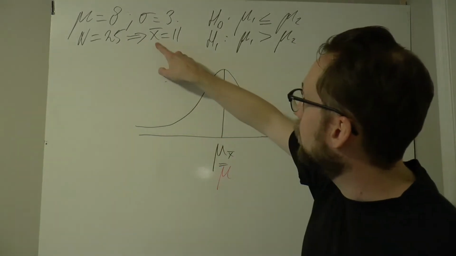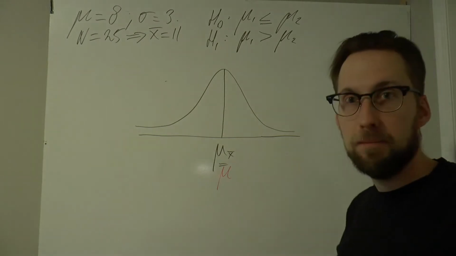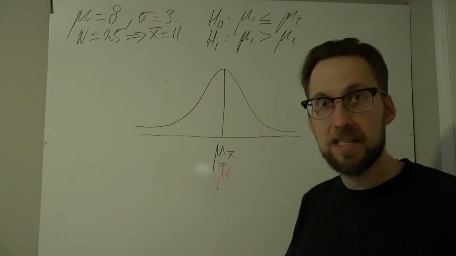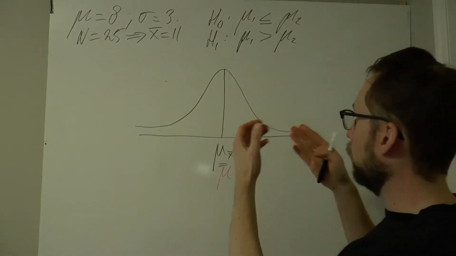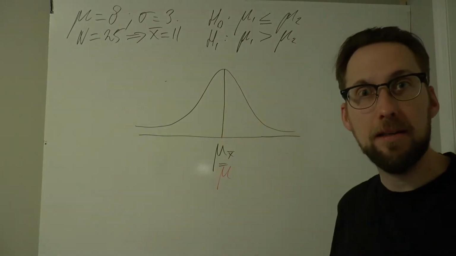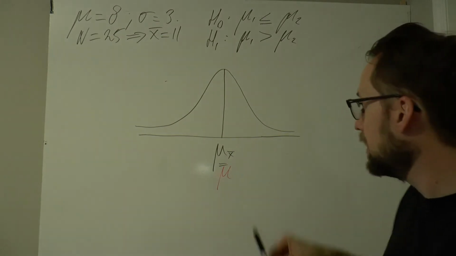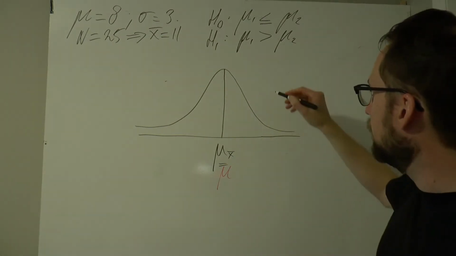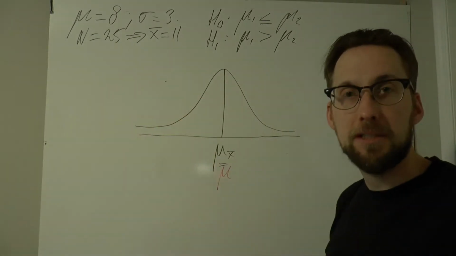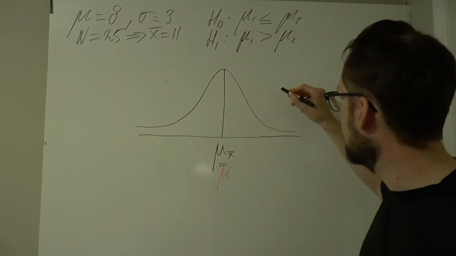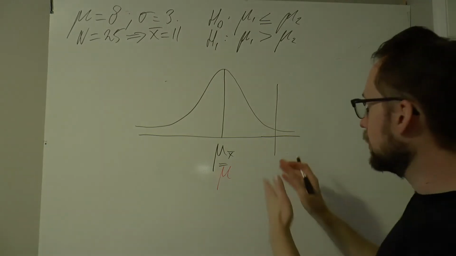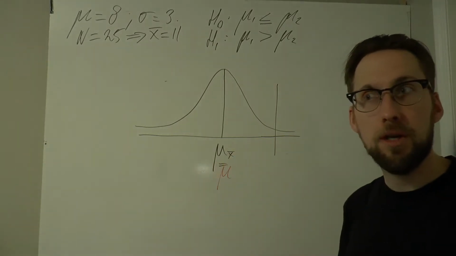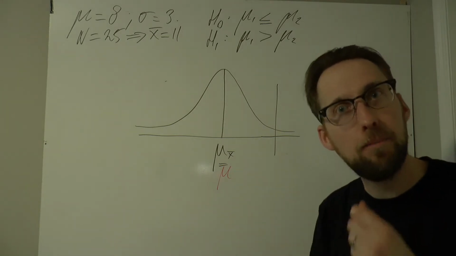If I now want to see where my sample mean lies, I need to convert it to a special form of the Z-score, which is captured in this particular sampling distribution, and then I can see where my sample lies. Now imagine that my sample mean, converted to that special Z-score that we will get to, lies here in the tail of the distribution. That's very far away from the mean of the sampling distribution, which is the same as the mean of the population.